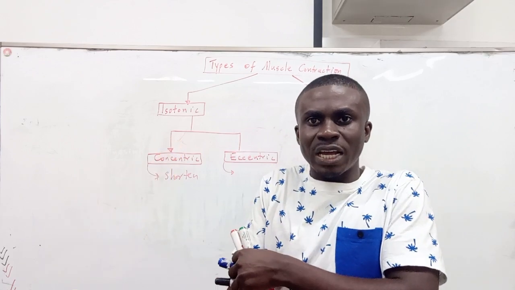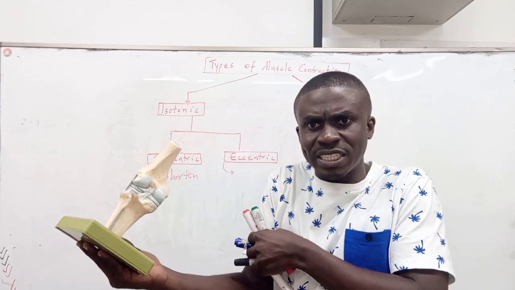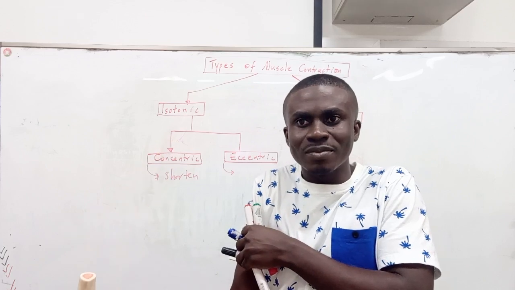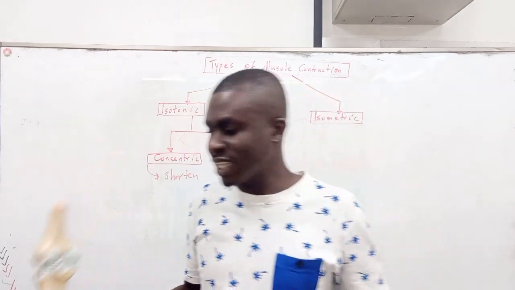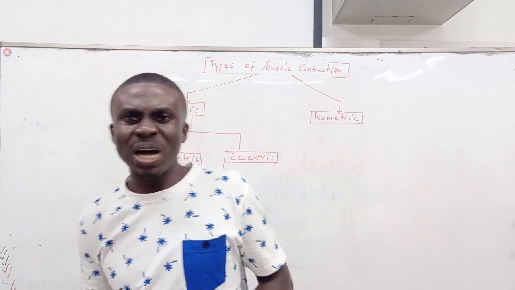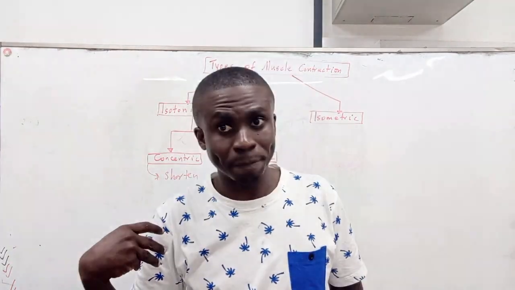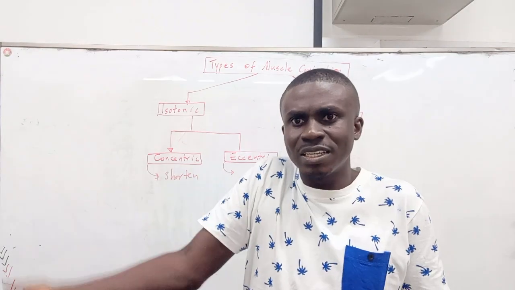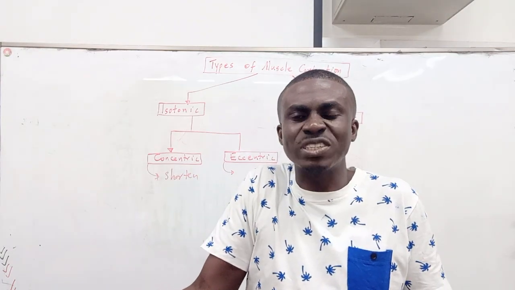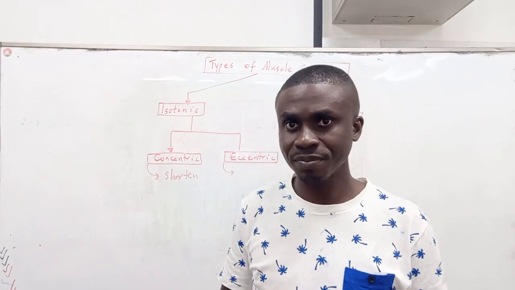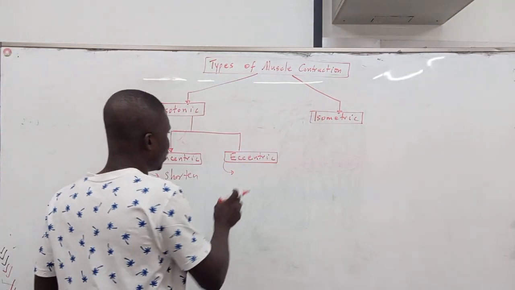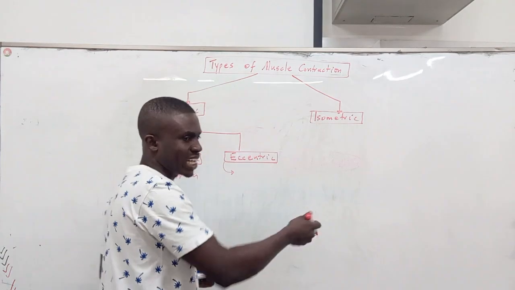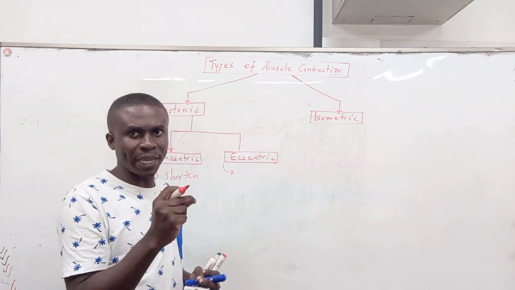Instead of contracting and shortening, it rather elongates. So in situations where the load is greater than the maximum effort you can ever apply, it causes elongation of the muscle. So in eccentric contraction, the load is far greater than the maximum effort you can apply.